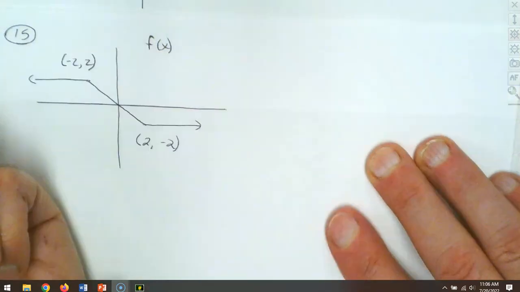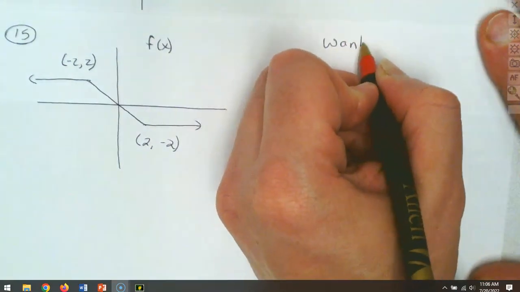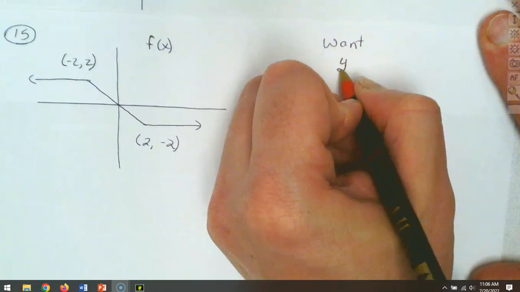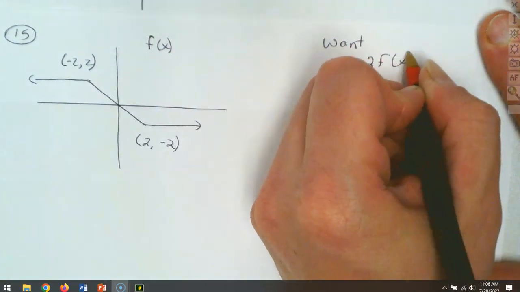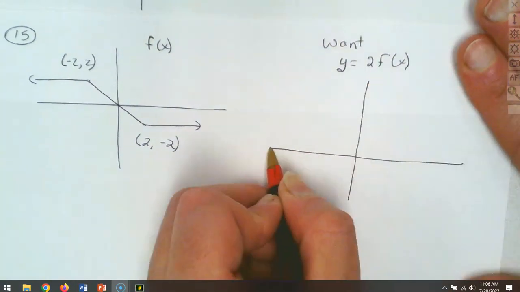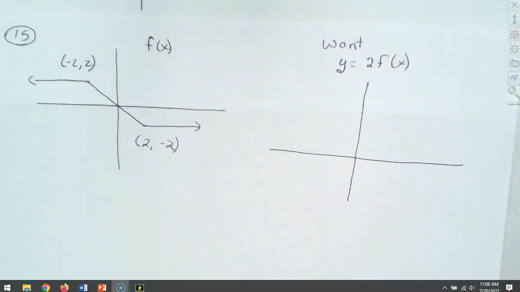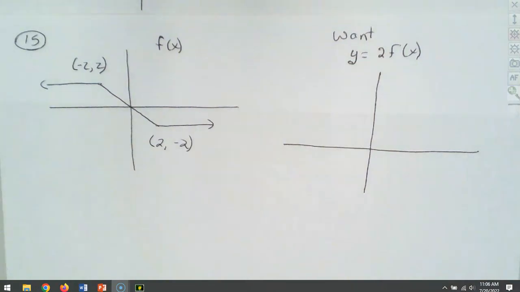Now they give you a picture for f of x, and what we want is y equals 2 f of x. So first off, we need to take a moment to think about where that 2 is at.